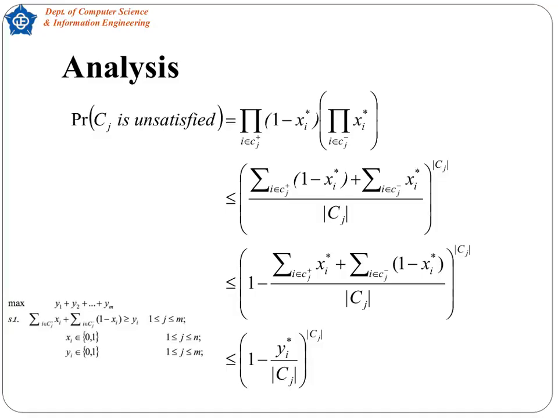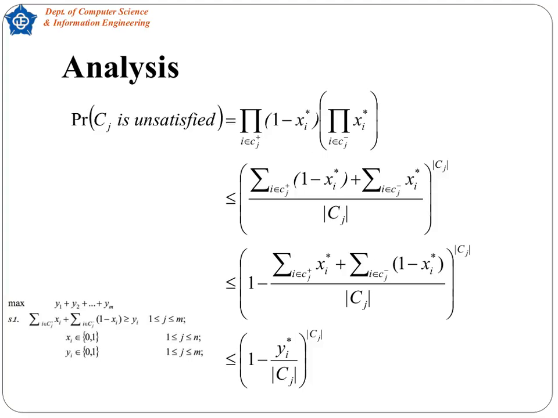To simplify this product, we invoke the arithmetic geometric mean inequality. By grouping all |C_j| factors together, we get the upper bound: the sum over i in C_j^+ of (1 - x_i*) plus the sum over i in C_j^- of x_i*, divided by |C_j|, raised to the |C_j| power.